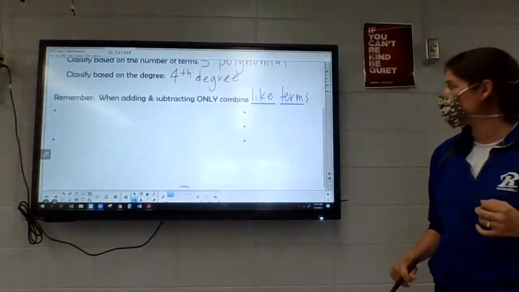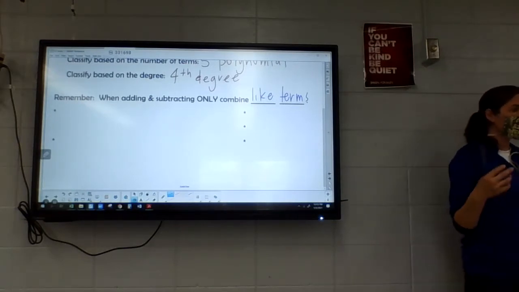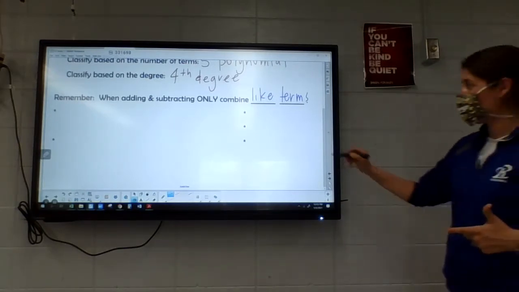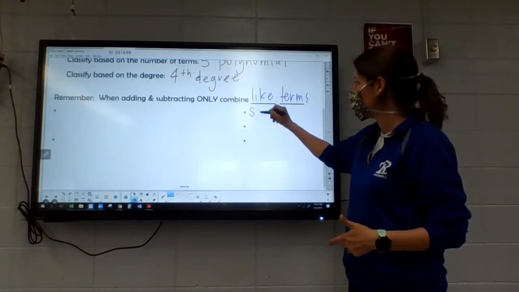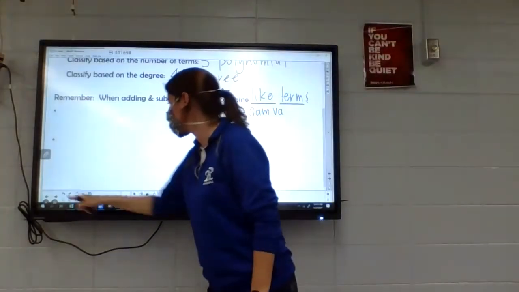So only combine like terms. And just to remind you guys, like terms mean they have to have the same variable. Oh, I should probably put an E in same.